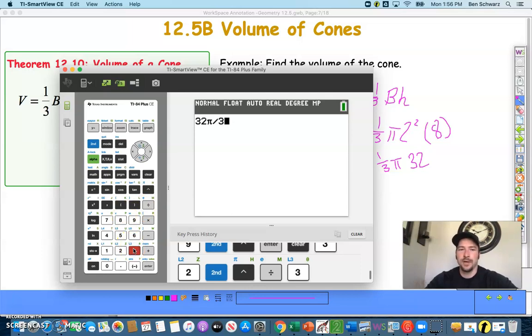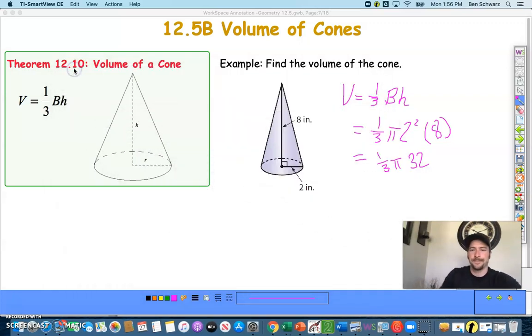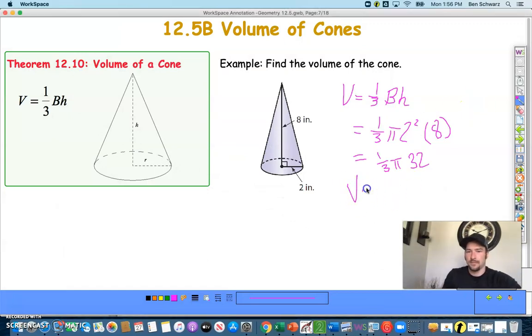So we can just do 32 pi divided by 3. What we get there is an answer of about 33.51. And again, we're in volume, so it would be inches cubed.